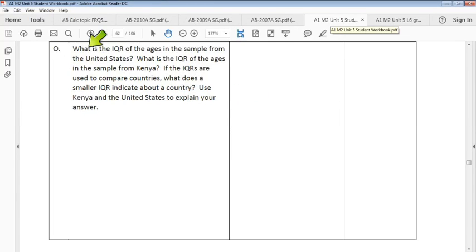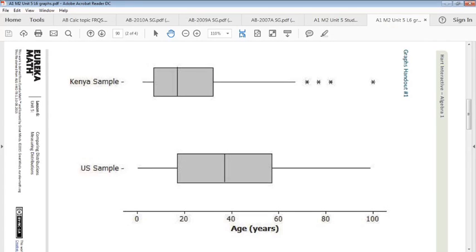All right, this question is having us look at the IQR, the interquartile range of the ages in this sample from the United States and from Kenya. Let's look at those really fast, and then I'll read the second part. To find the interquartile range, we need a number for the lower quartile, Q1, and a number for the upper quartile, Q3.